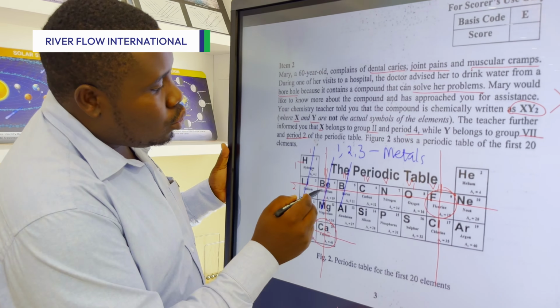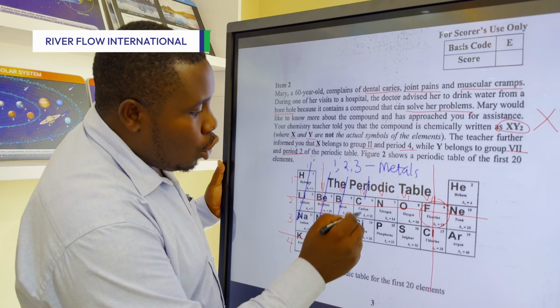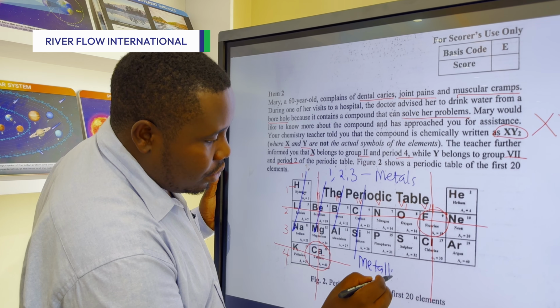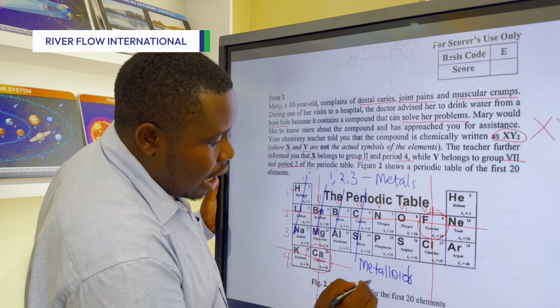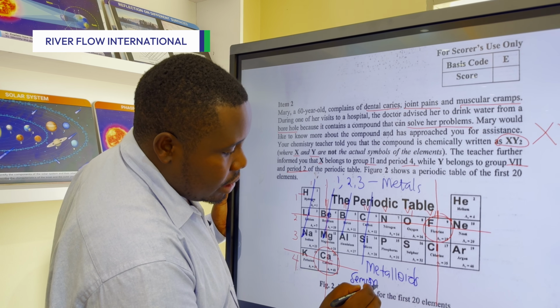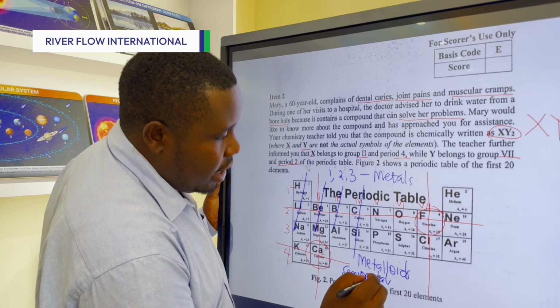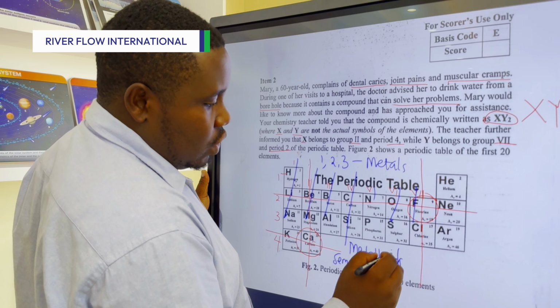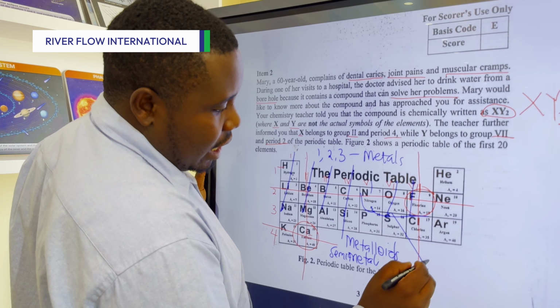Since group 1, group 2, group 3 are metals, we know group 4, they are metalloids. We call them metalloids. Others call them semi-metals. Then we have group 5, group 6, group 7. All these ones are non-metals.